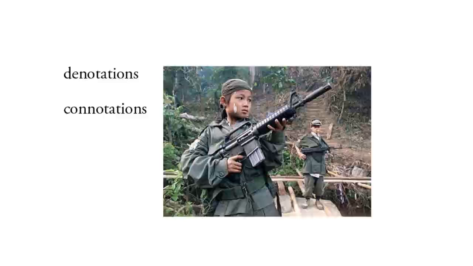Maybe we think of him as part of rebel forces, because maybe the official army wouldn't employ child soldiers. So maybe he's from an impoverished area that's fighting back in some way against a larger authority. We might think of violence. We might think of any number of things that we bring to the image that aren't literally pictured here.